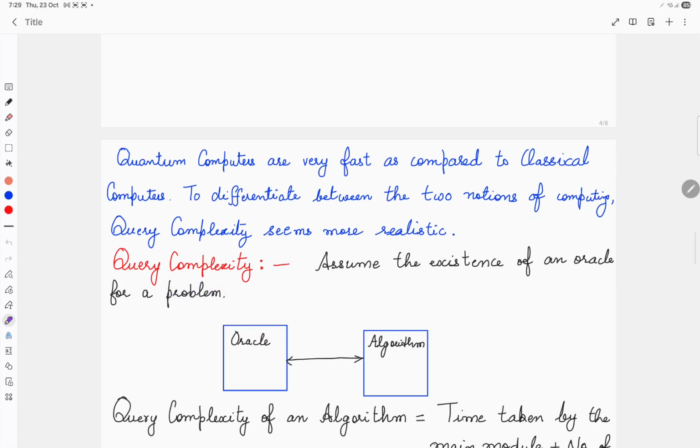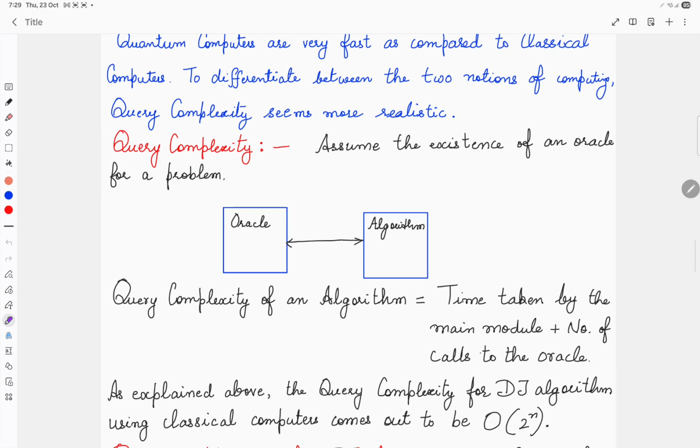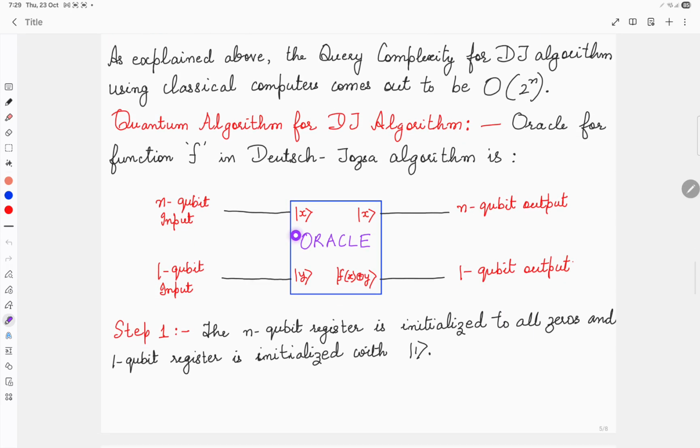As I was trying to explain, query complexity is the term that we will use to measure the performance of this algorithm. So what is query complexity? We have an algorithm, and we send the details of the function to the oracle. Now the oracle will tell us whether this is a constant function or not. It will give us these two outputs.